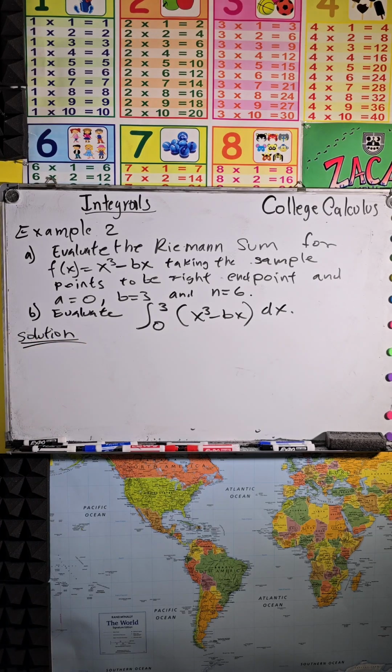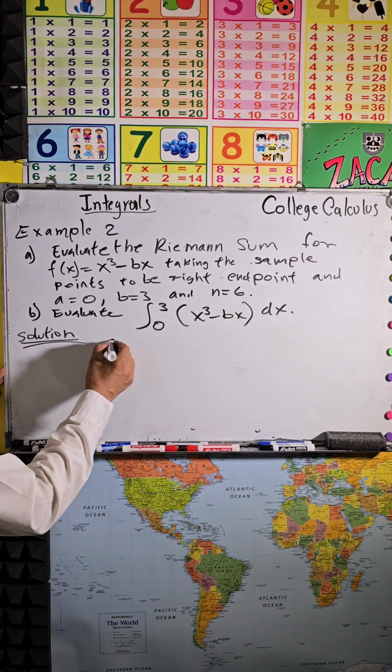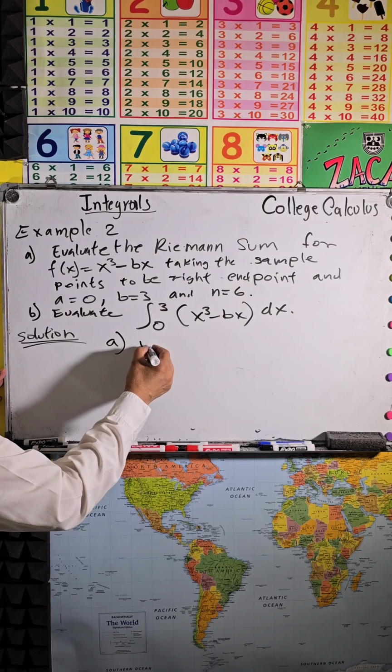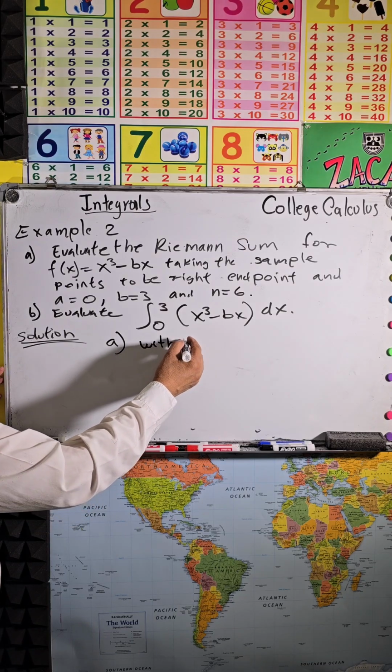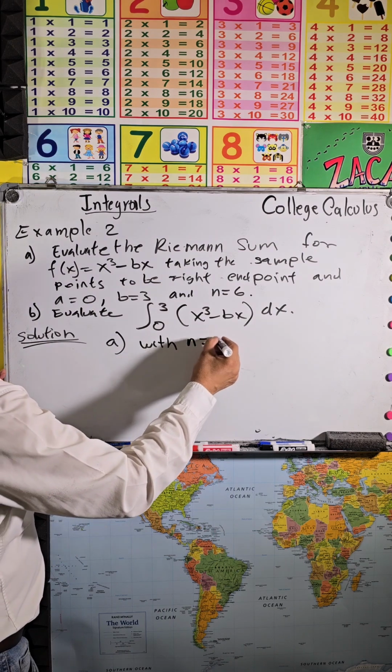All right, let's see the solution. I don't have enough space, but let me write the solution right here. Part a, the solution. Let's write the variables: n equals 6.